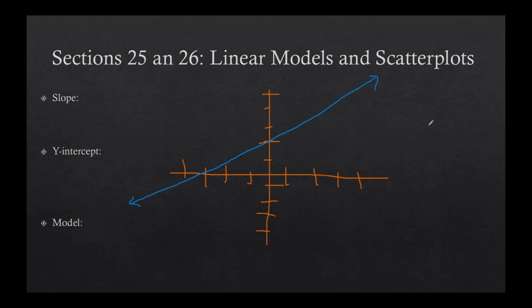So think about this. By definition, the y-intercept is where the graph crosses the y-axis. How many times does my blue line cross the y-axis? Just once, right? Right here. So there is one y-intercept in a line. That's it, one y-intercept. Now the slope tells you the vertical change and horizontal change.